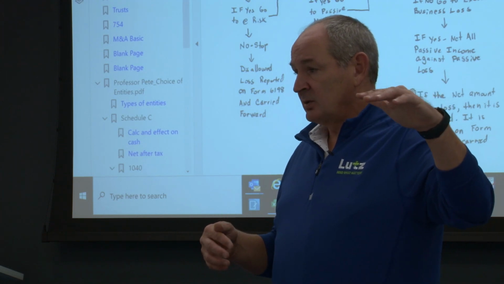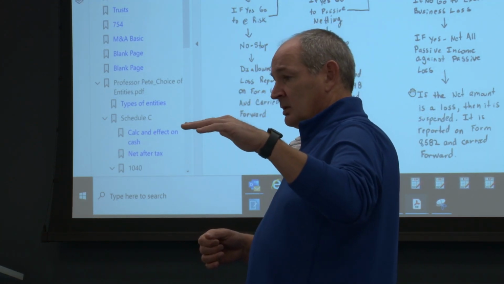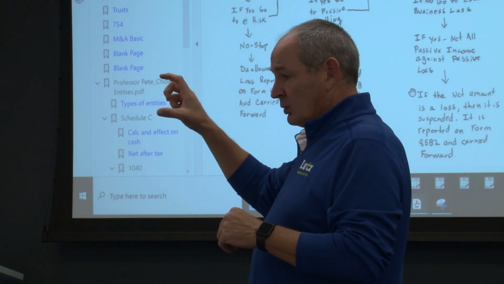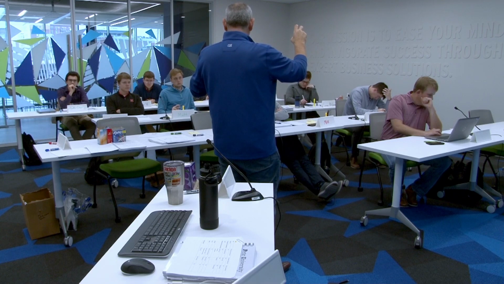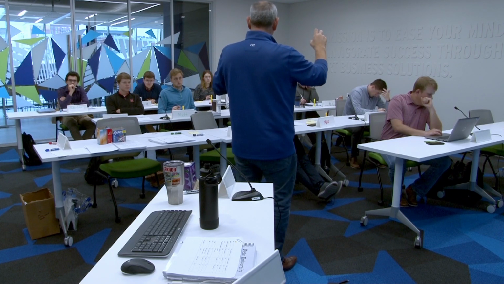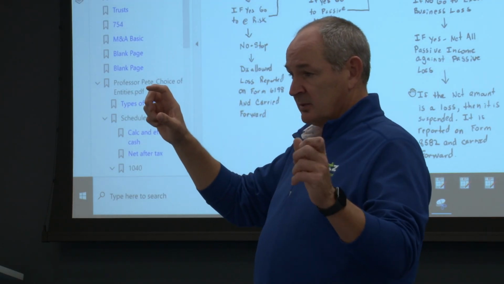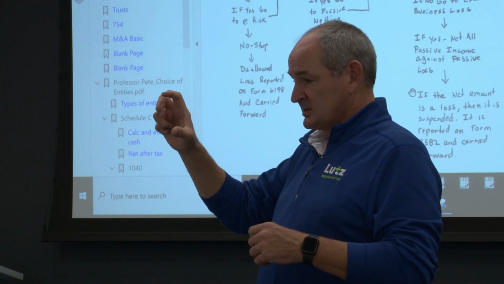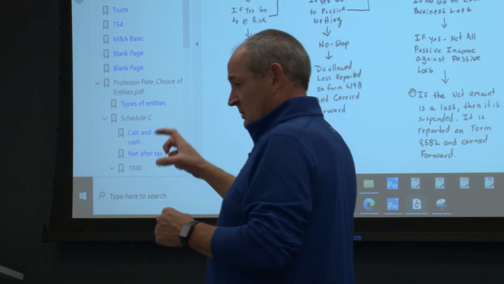It says I can only use $500,000 of that loss from that K1. So I have $1.5 million of total loss on my K1, and excess business loss says I can only use $500,000. That $500,000 offsets my income in the current year. Now I've got this delta, or this excess over the excess business loss, of $1 million. That $1 million goes into year 2.